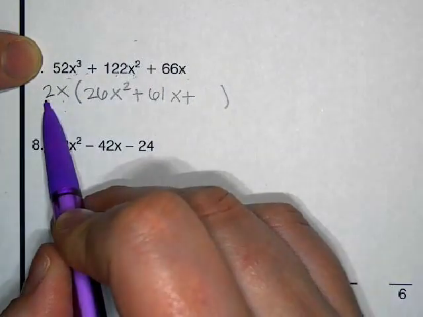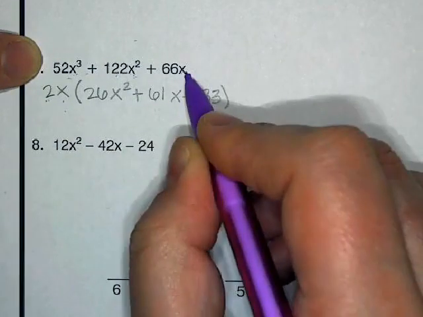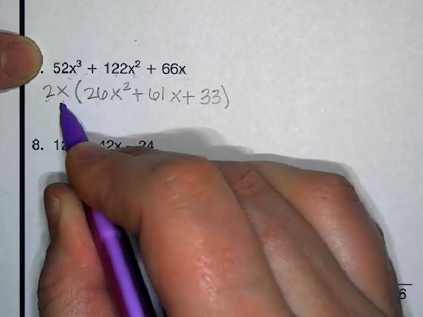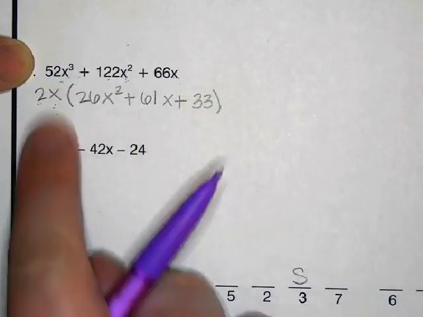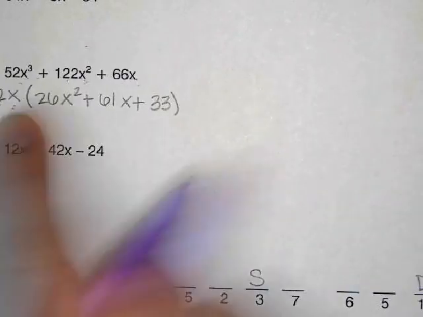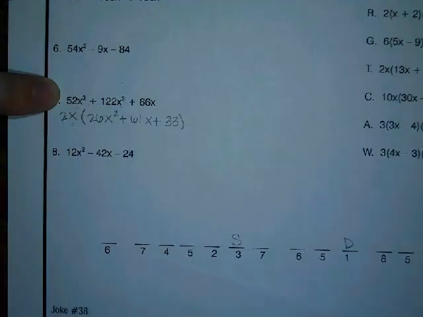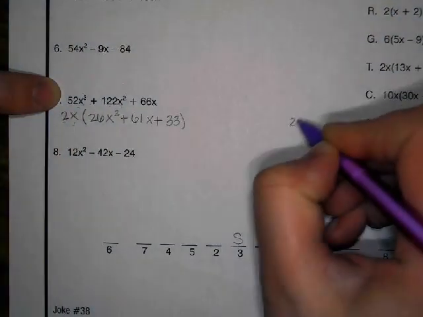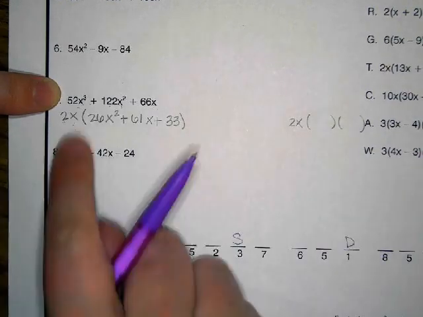And I had an x and I took it out, so I don't even have to write it this time. Okay? Now, over here we know that in our final answer, we're going to have a GCF of 2x in front of our parentheses. So I'm going to have 2x and then I'm going to have 2 sets of parentheses. But for now, I get to ignore my GCF when I do the problem.